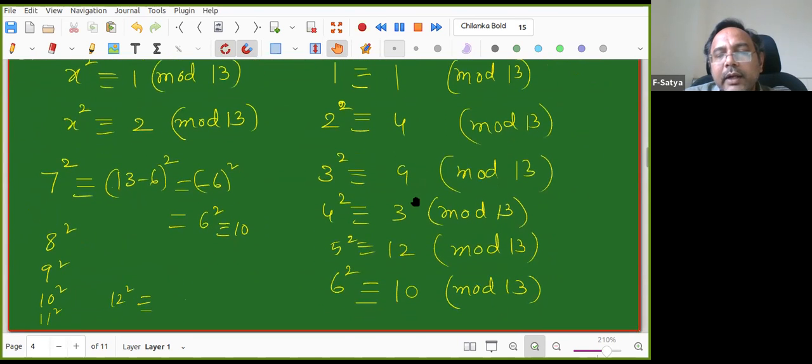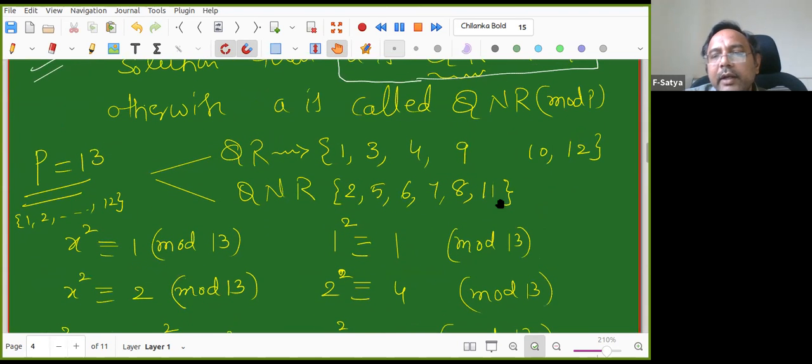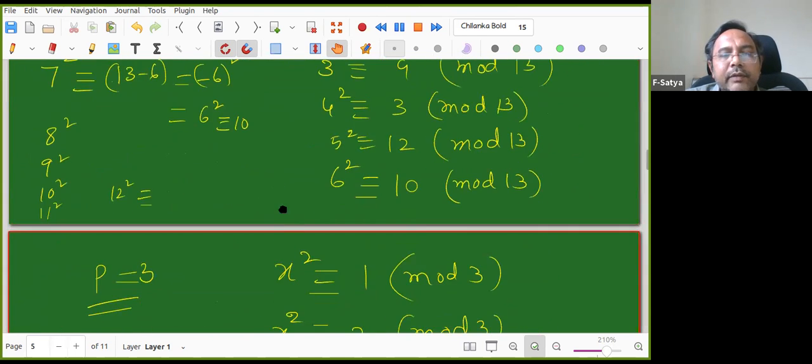How did we get 10? 6 square is 36, but modulo 13, I get 10. 5 square is 25, but modulo 13, I get 12. So these are quadratic residues and the remaining are quadratic non-residues, meaning x square equal to 2 mod 13 does not have a solution. This is the first observation.